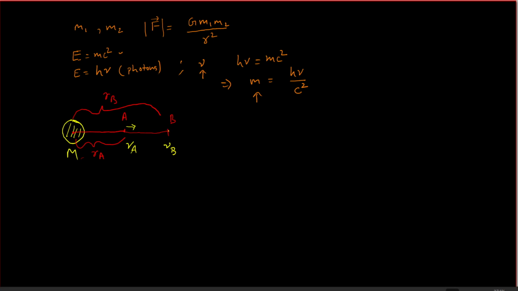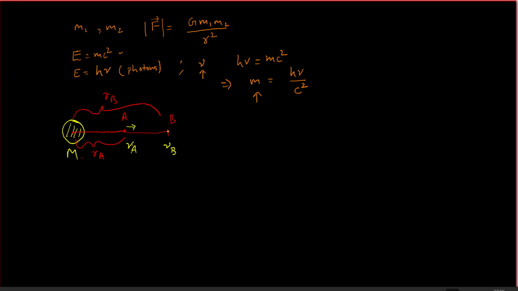We detected it at B, and we found that its frequency is now nu B. It started with frequency nu A, but at point B its frequency was nu B.